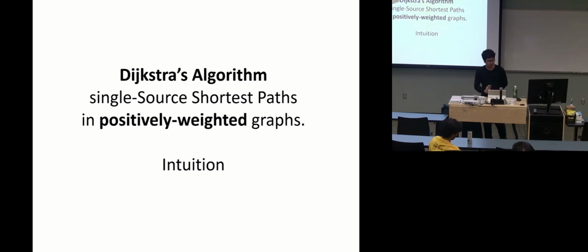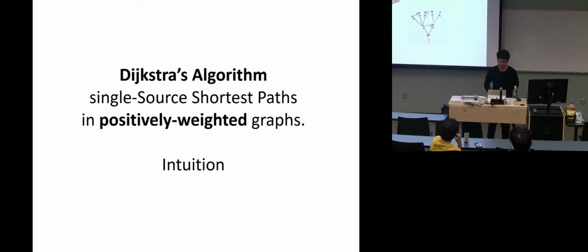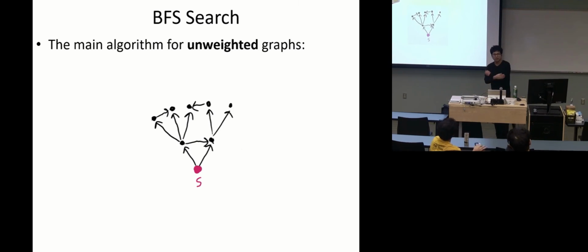So this is a fast single source shortest path algorithm, but it works only on positive weighted graphs. But let's see the intuition of this. One of the simplest ways to solve shortest path, if the graph is unweighted, is to do breadth first search.